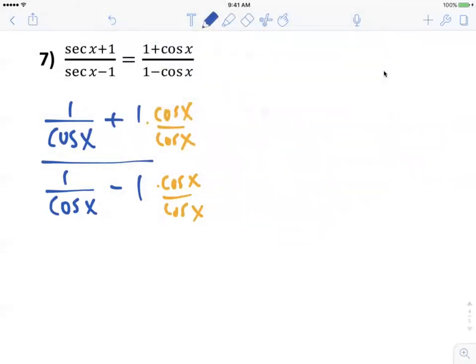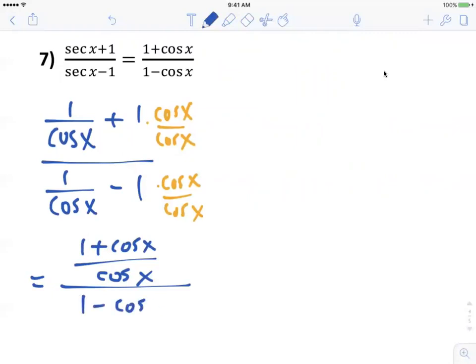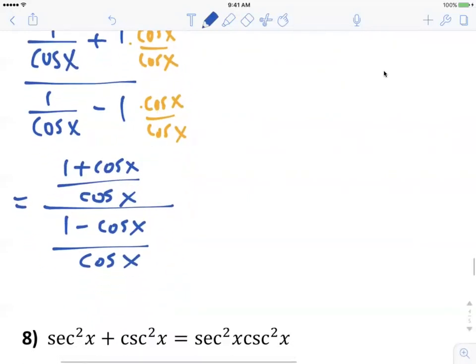So this is going to look like the big fraction bar. The top is going to be 1 plus cosine all over cosine. Which is promising because a 1 plus cosine pops out, and that's what we're trying to get to. The bottom is 1 minus cosine all over cosine. Okay, so that's awesome.